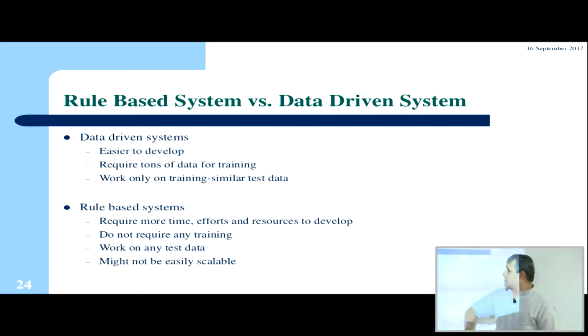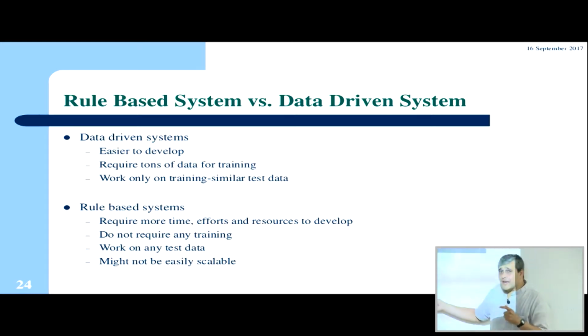Rule based systems require more time, effort, obviously more resources to develop. You cannot develop rule based systems in the same time frame as a data driven system. But they do not require any training, the rules are there. Your grammar book, for example, a language grammar book, you just encode it, it teaches the system how to speak, right.